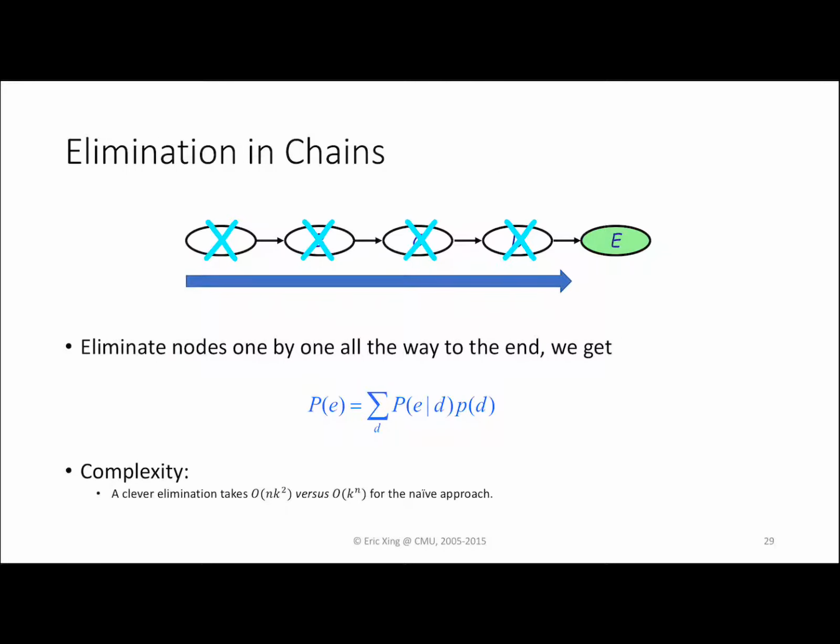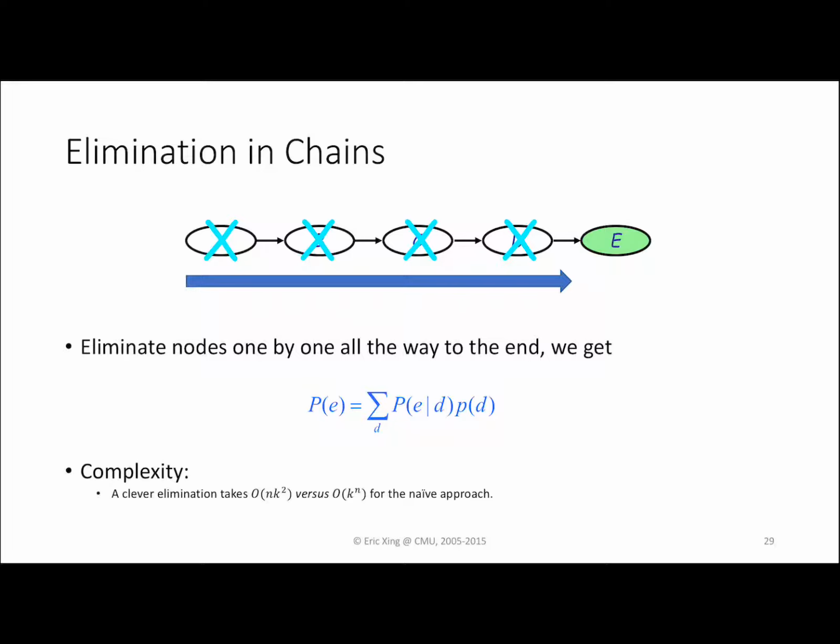Hopefully you see that the reason we can do this is exactly what you said in the back of the class: it's a matrix-vector multiplication, and the associativity of this operation allows you to push this.